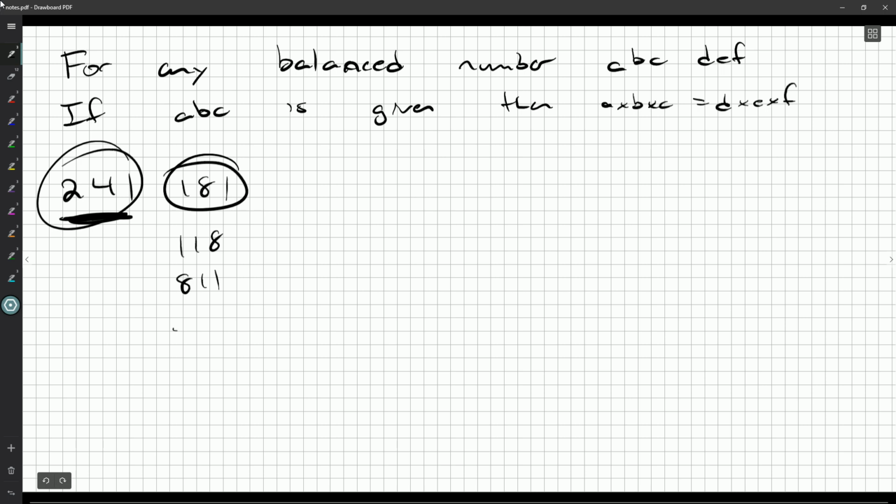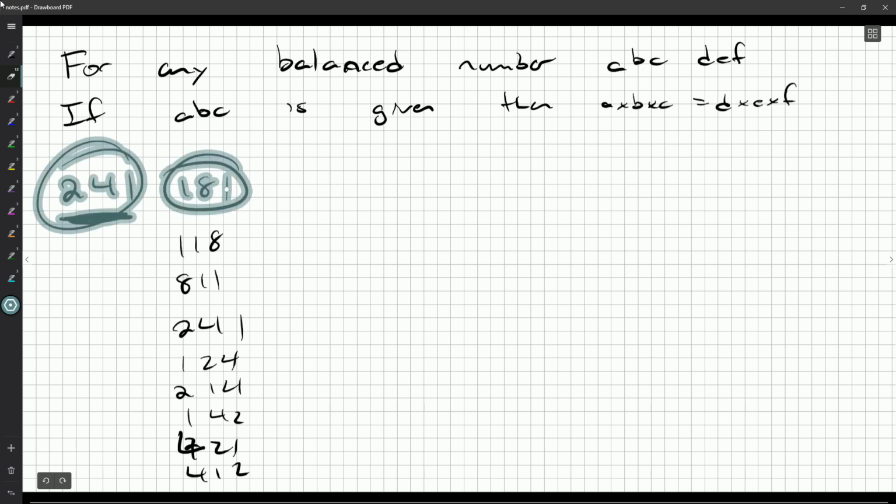Or there were other possibilities. You could have had 2, 4, 1 again, or 1, 2, 4, or 2, 1, 4, or 1, 4, 2, or 4, 2, 1, or 4, 1, 2. So you can get, just from some numbers, like 1, 8, 1, a certain number of rearrangements, and that gives you possible numbers here.